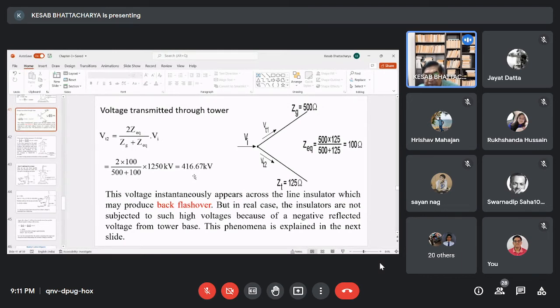And that is why it is called a back flashover. But there is a point: in the real case, the insulators are not subjected to such high voltages because of a negative reflected voltage from the tower base. This phenomenon is explained in the next slide.